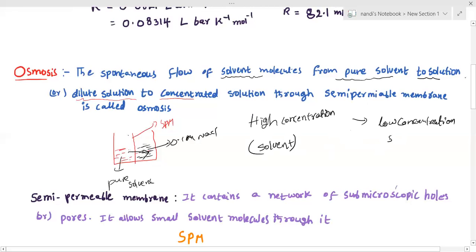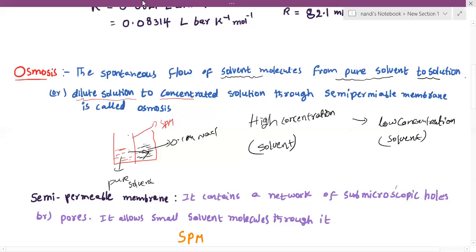So you can apply that example here. Here high solvent is there, this is high concentration of solvent. Here is low concentration of solvent because solute is there. Generally we use solute in previous cases, but this is solvent, you need to identify that.